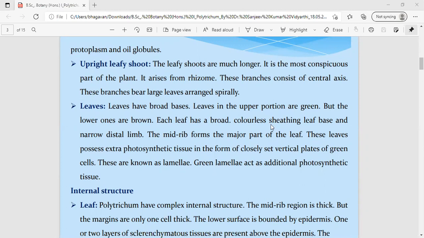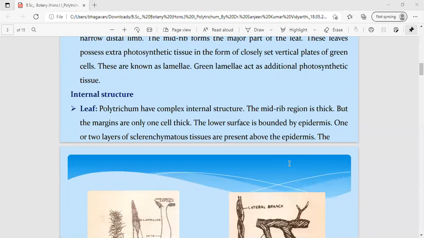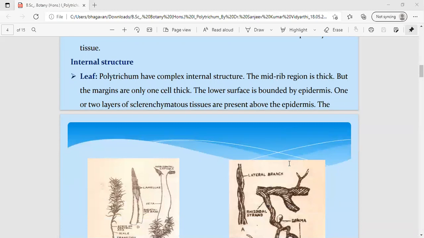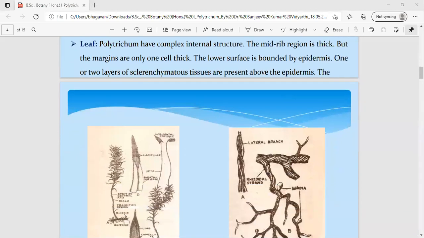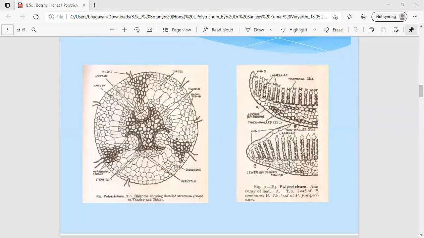Another important point we want to discuss is the advanced characters. When we take into consideration the internal structure, the anatomy of the leaf or of the rhizome, we can see the development of sclerenchymatous tissue, and also the development of vascular tissue-like structures, which we call hydrome and leptome, which play the role of conduction of water and phloem in polytrichum.